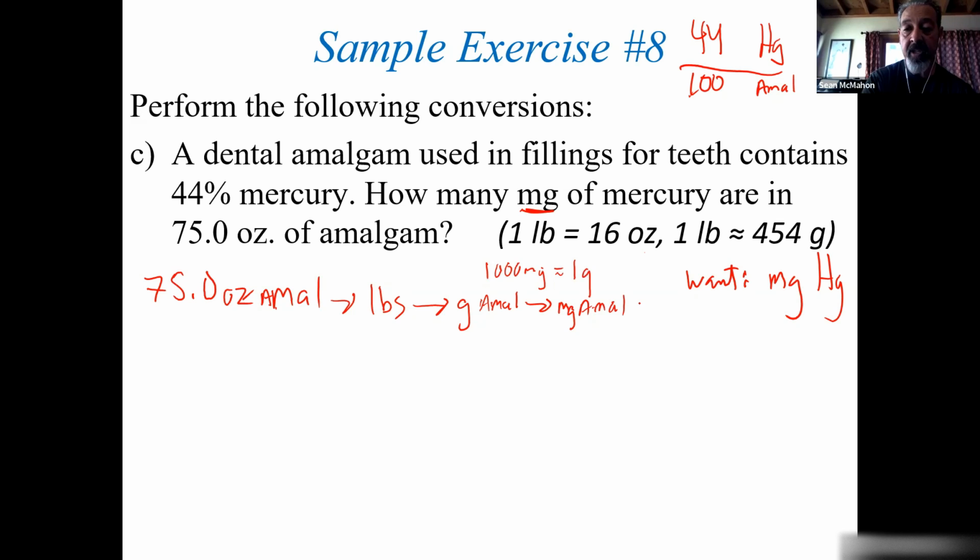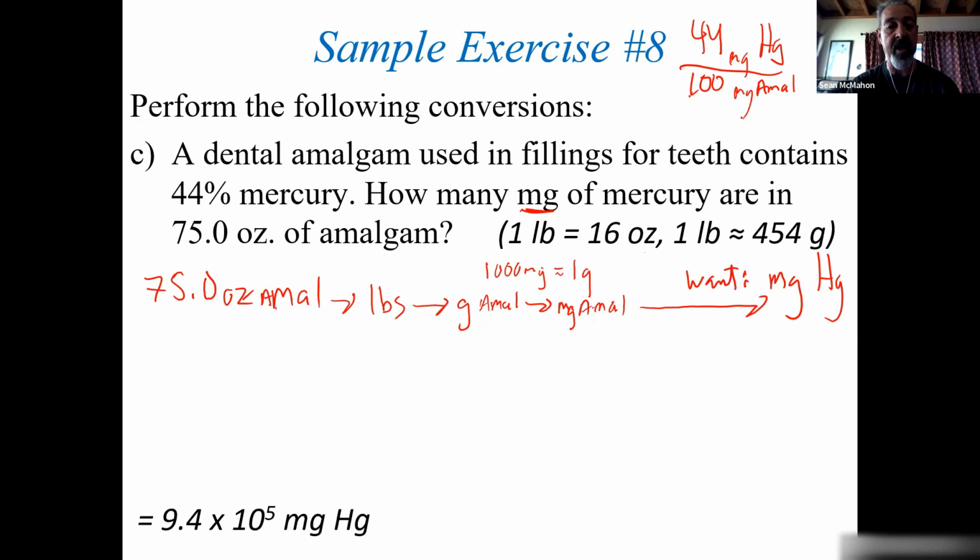And then I can go from milligrams of amalgam to milligrams of mercury using the 44%. Now, I could have done the 44% earlier. It really doesn't matter. In this example, I just chose that. So the answer is that. Let me write it out for you. 75 ounces of amalgam.